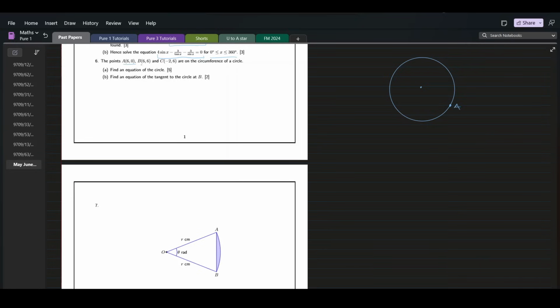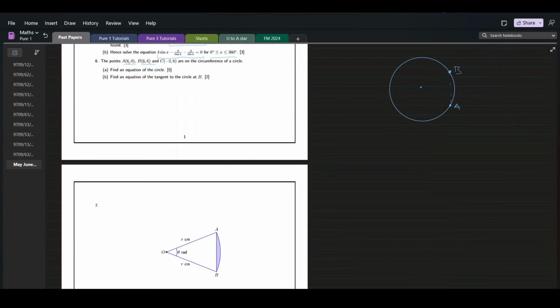And then we've got point B being (6, 6). Notice how they have the exact same x coordinate. So that means B should be somewhere above our A. So let's just say that B is over here. And then we've got C, which is (-2, 6).